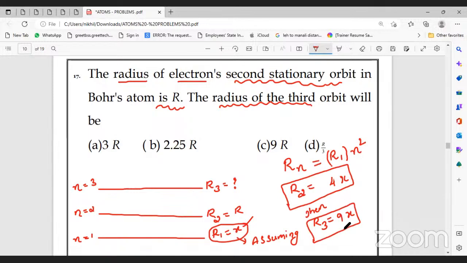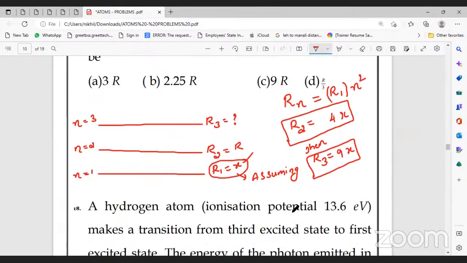Now, if I divide R3 by R2, what am I going to get? R3 by R2 is 9x by 4x, which is equal to 9 by 4.